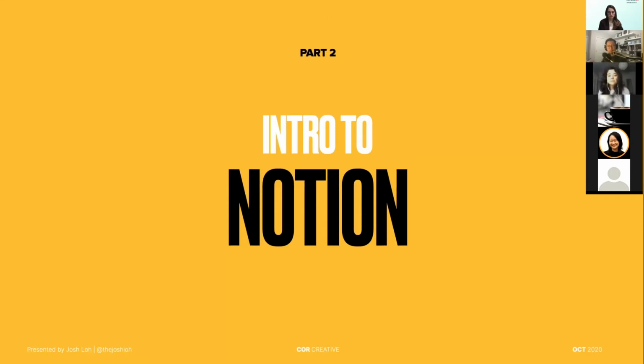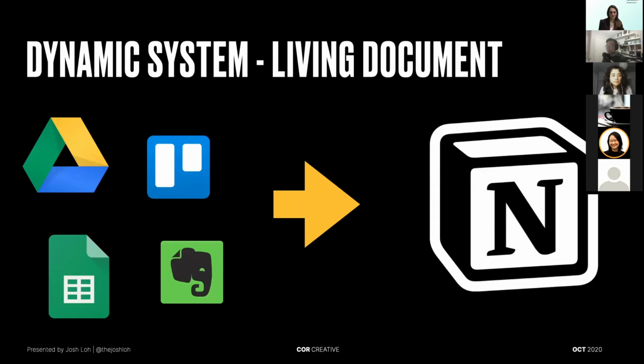Okay, so how does it relate to all this? Well, let me introduce one of my favorite tools. It's essentially a dynamic system, and I always think of it as a combination of Google Drive, Trello, Evernote, Sheets, and any other Word document system into one.